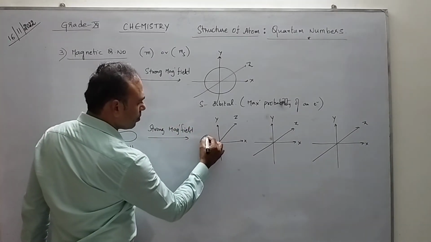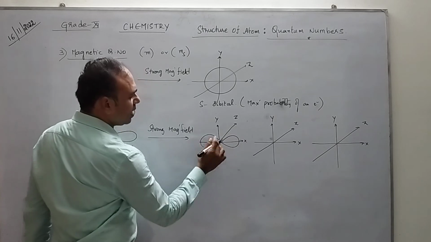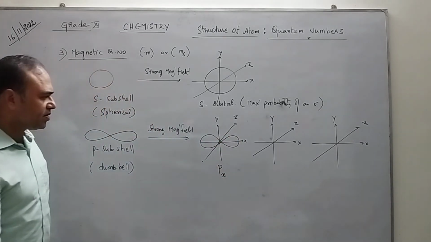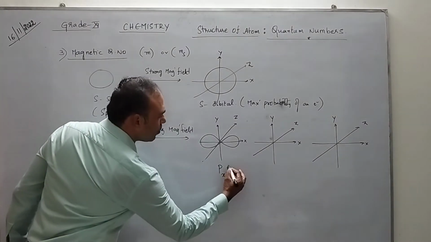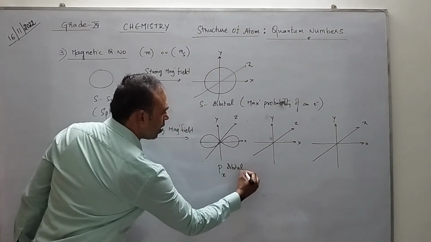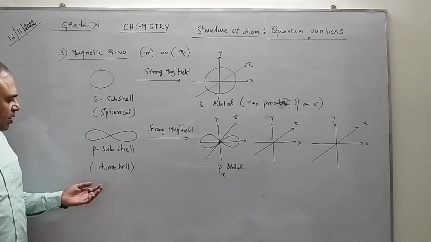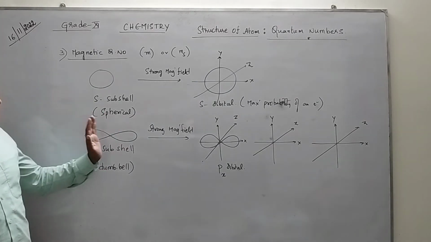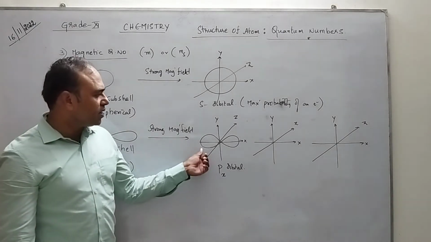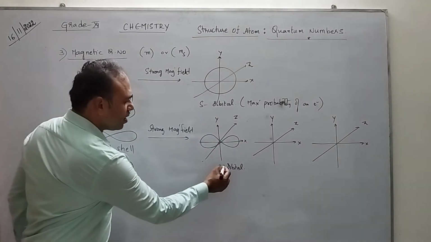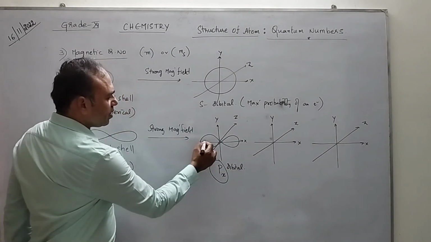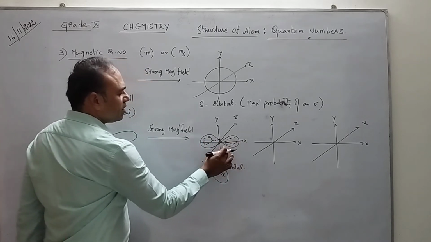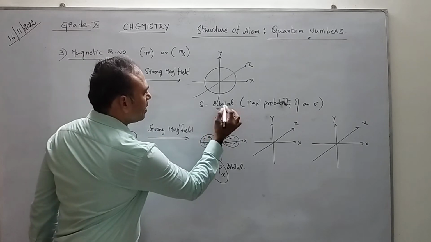First one, the orientation is present on x-axis. Therefore you represent it as px. Now this is called as px orbital. I think you are able to understand the difference. Subshell does not have any orientation, no axis here, but in the presence of strong magnetic field, it is oriented on x-axis, hence you call it as px orbital. So you can find the electron here. So the probability of finding electron is maximum, hence you call it as an orbital.